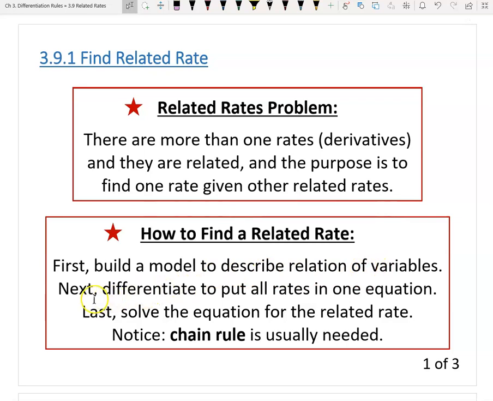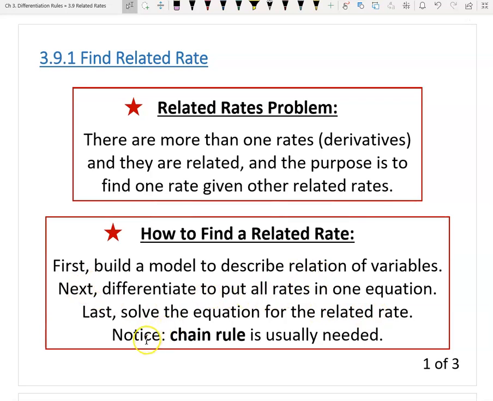The second step, we differentiate both sides of the equation of the model. In this way, we put all the related rates together in one equation, so we set up an equation for the rates. And the last step, we solve the equation we found in the second step to find the related rate we need. This is the basic three steps.